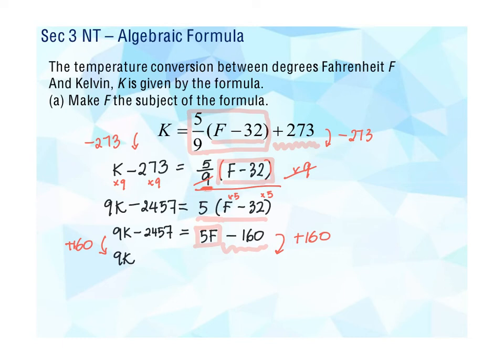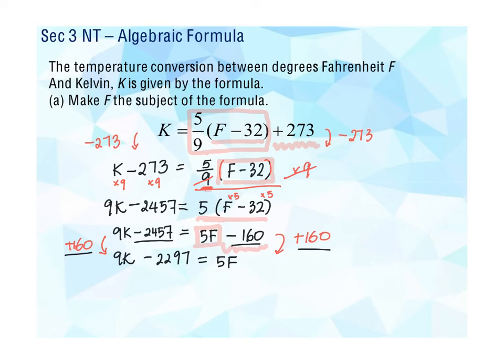But this is negative 2457. I can add it to 160. So negative 2457 plus 160 will give me negative 2297 equals to 5F. Because negative 160 and positive 160 cancel off, there will be no more. Now 5 units of F is 9K minus 2297.